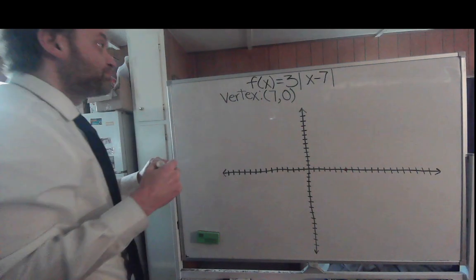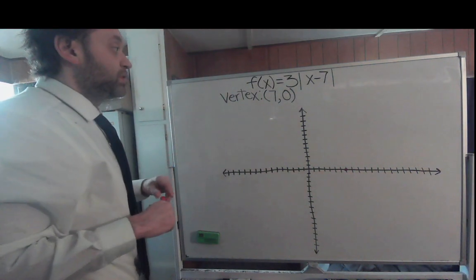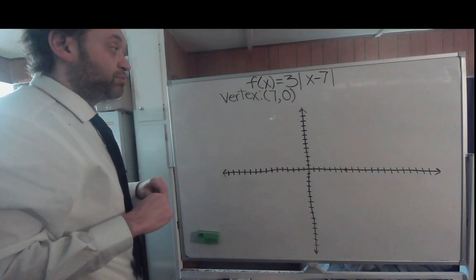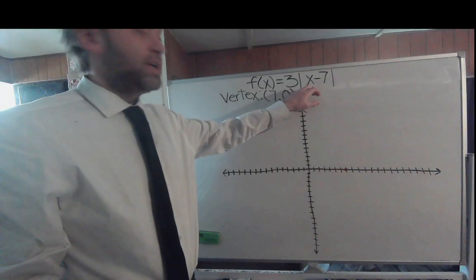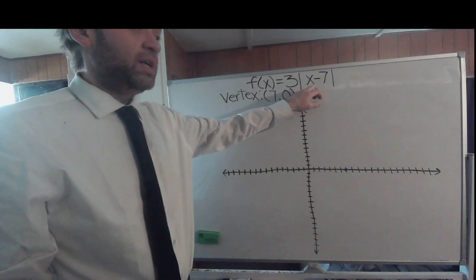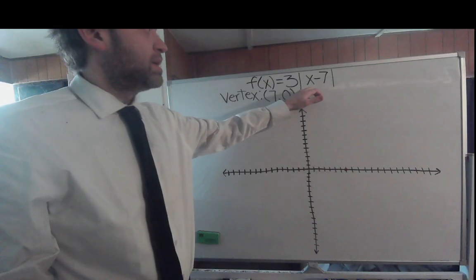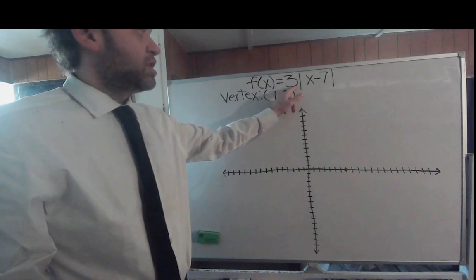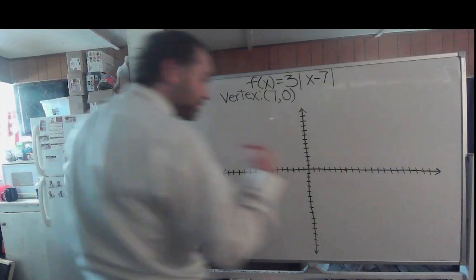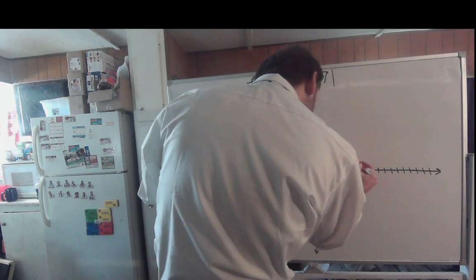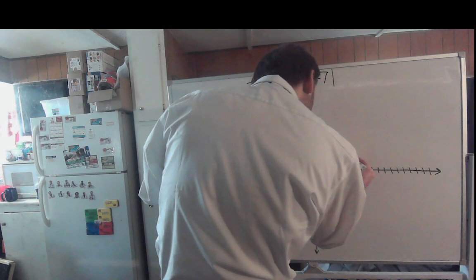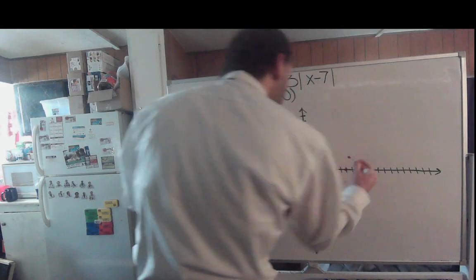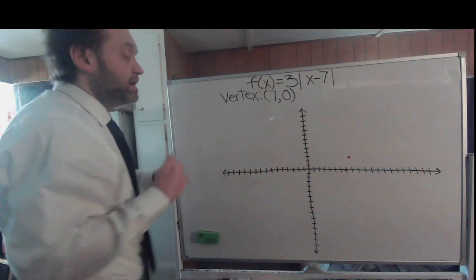All right. Now what if I put in x equals 8? Let's get a couple points here. If I put in x equals 8, I would get 8 minus 7, which is 1. The absolute value of 1 is 1. Take that times that coefficient of 3, I would get 3. So I would be at the point 8, 3. For the next point, let's even put in 9.